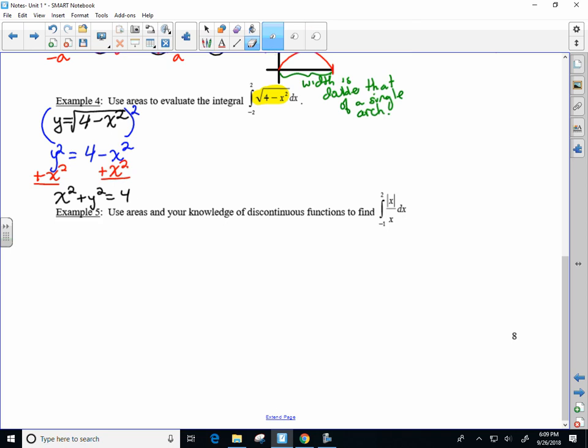All right, that's a circle. So we could draw a sketch. That circle has a center at 0, 0, and a radius of 2.